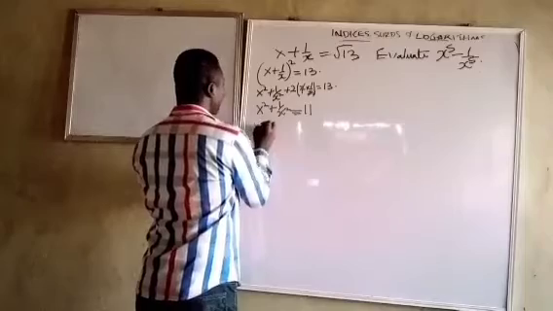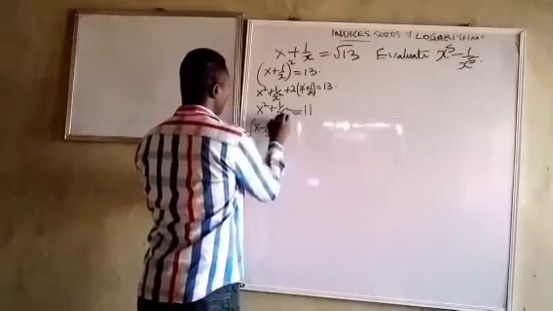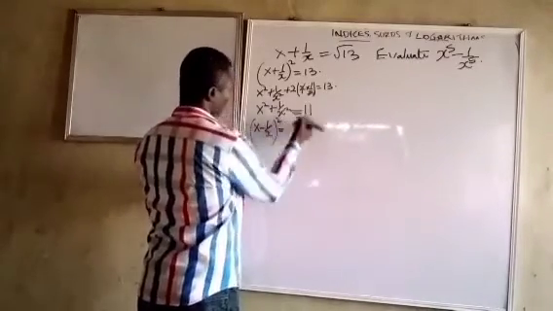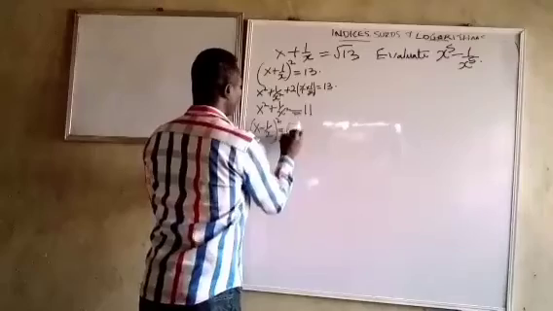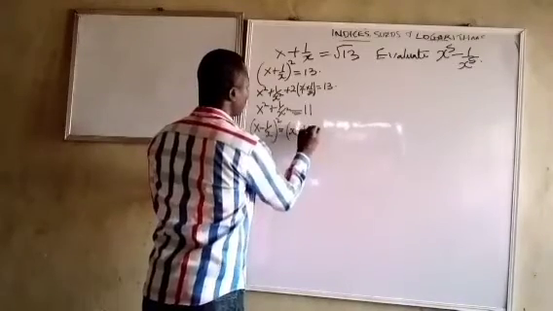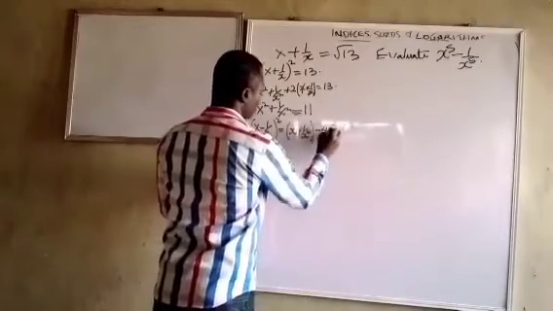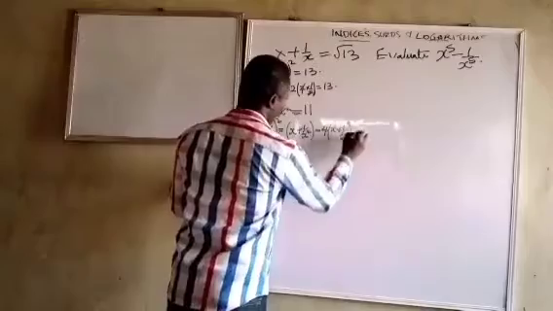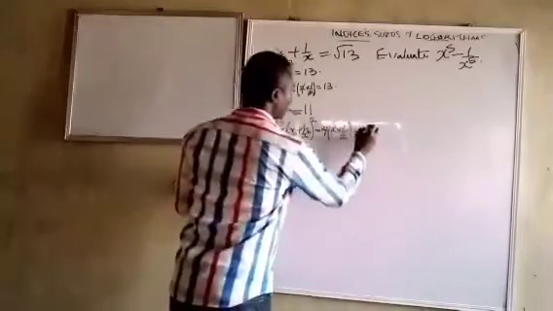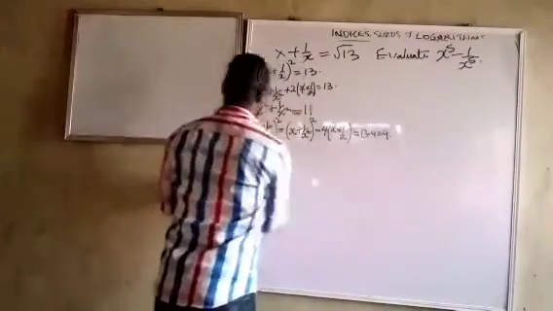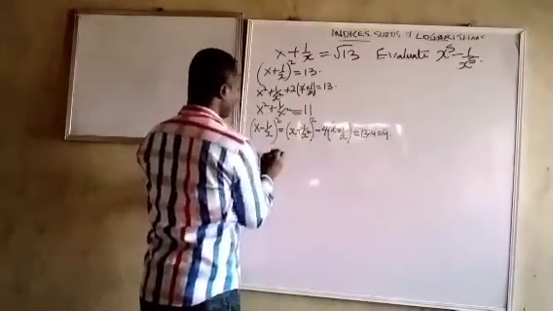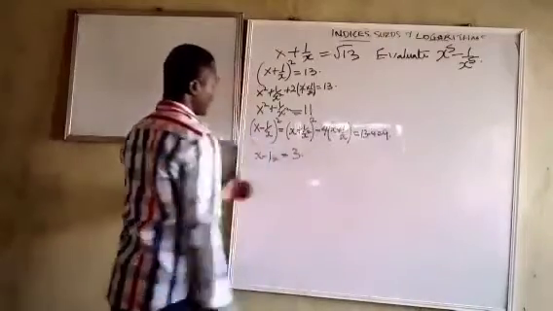So (x minus 1 over x) squared will be equal to (x plus 1 over x) all squared minus 4 into x times 1 over x, which is 13 minus 4, which is 9. Therefore, x minus 1 over x is equal to 3.